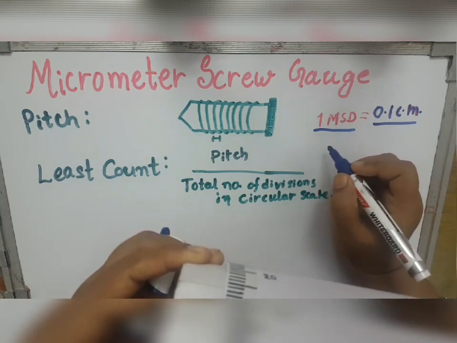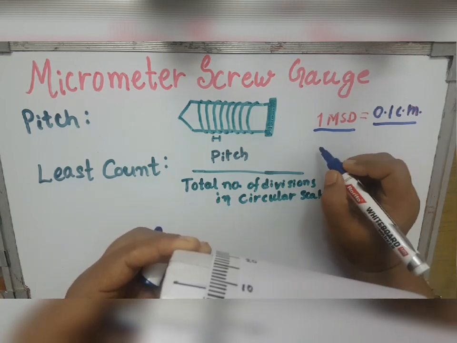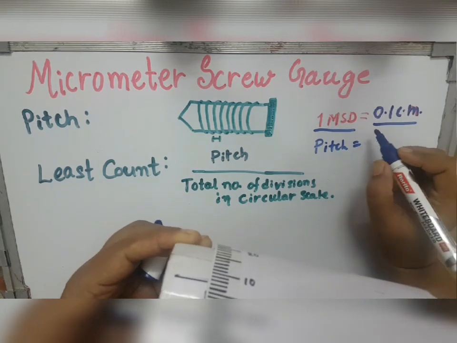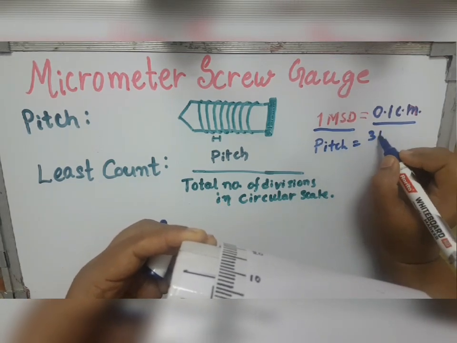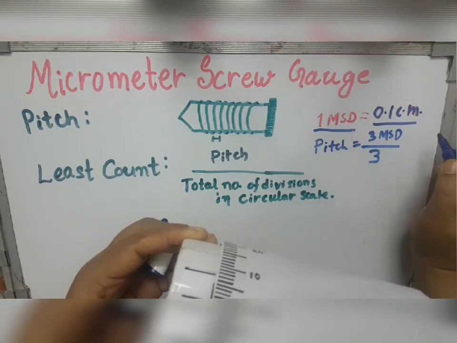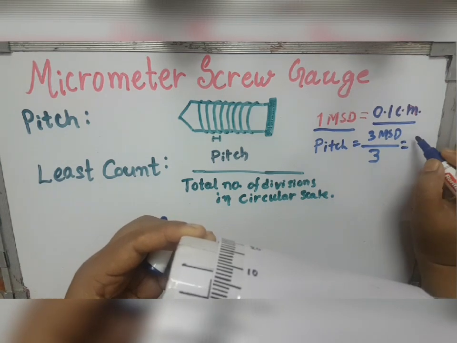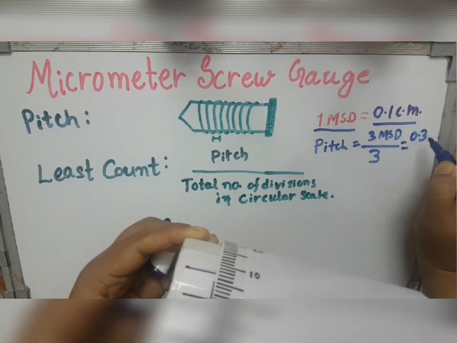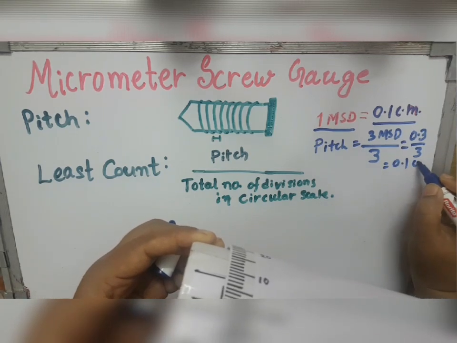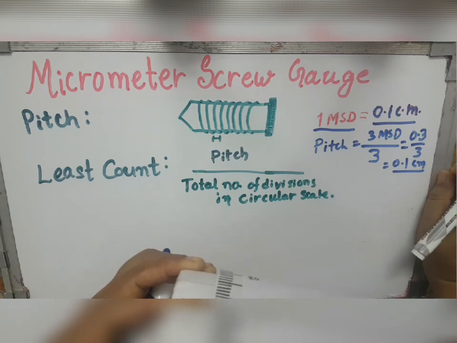That means the average distance covered for one rotation can be calculated as pitch is equal to 3 main scale divisions divided by 3 rotations of the circular scale, which in centimeter is equal to 0.3 centimeter by 3, which equals 0.1 centimeter, which is the pitch of the micrometer screw gauge.